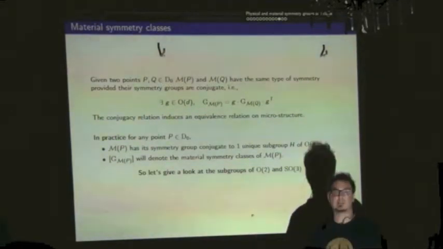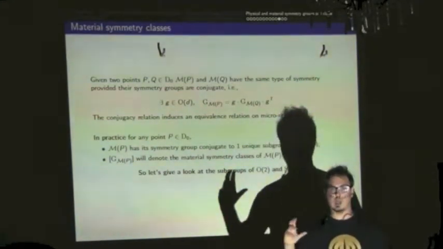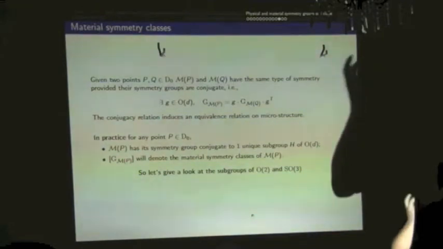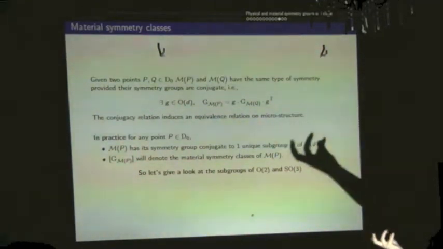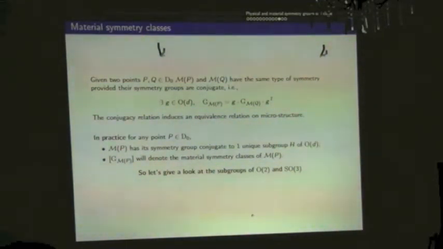If you can find among all the transformations an operation that will take your group and put it into the same orientation as another group, you can say that the two microstructures belong to the same class of symmetry.